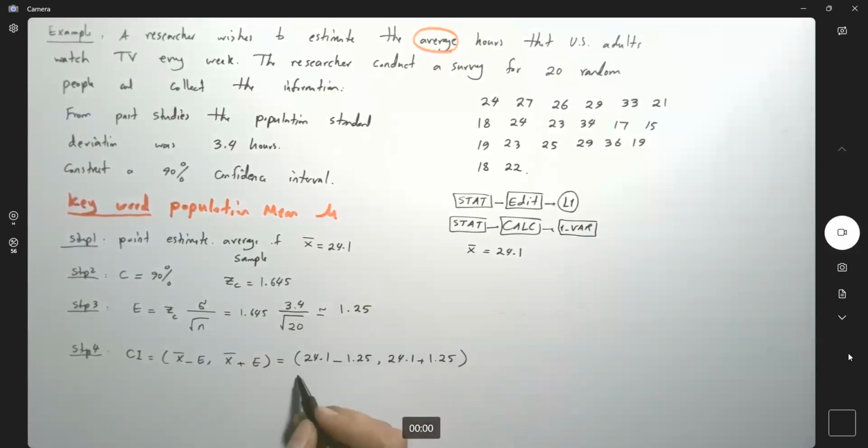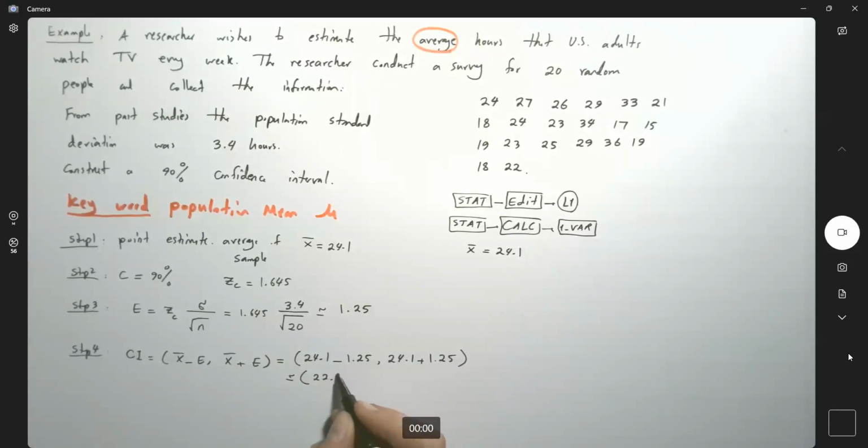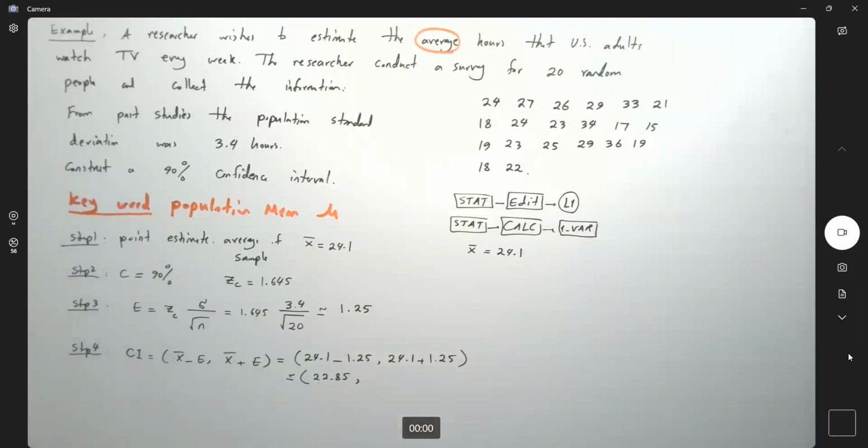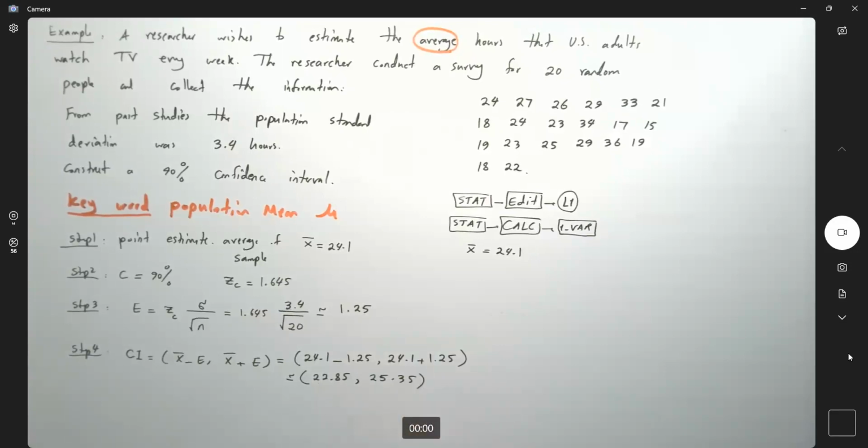So my confidence interval is approximately equal to, 24.1 minus 1.25 gives me 22.85, and 24.1 plus 1.25 gives me 25.35. Very good.